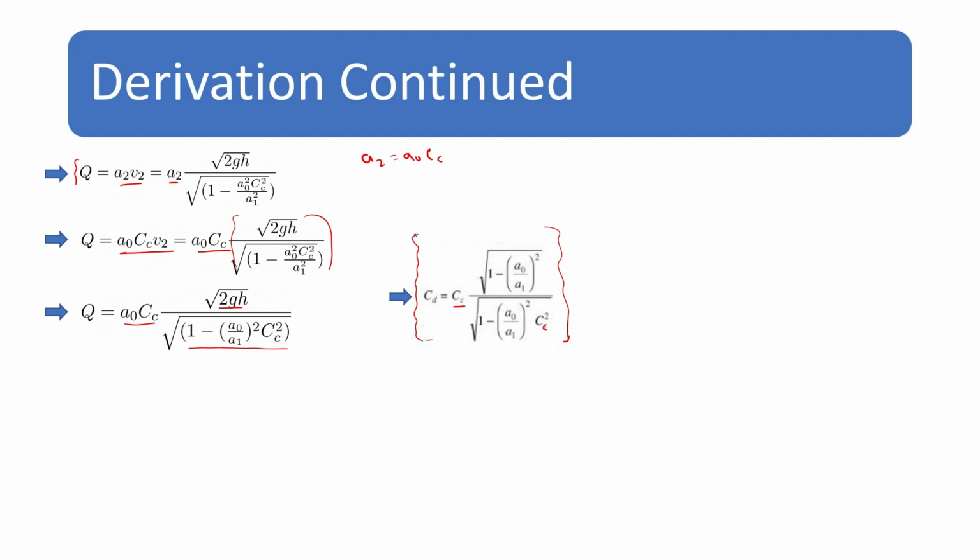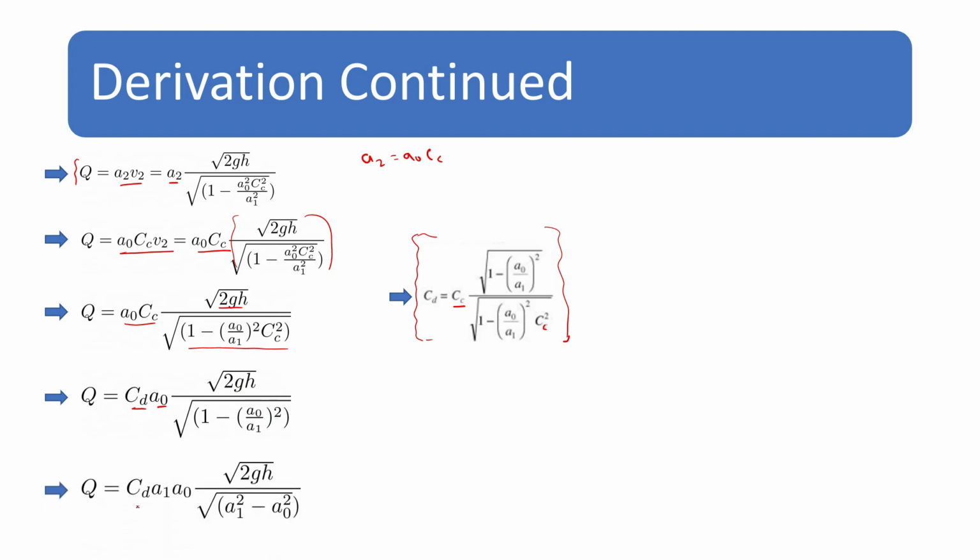This is found out experimentally, and if you substitute that here, you will get Q is equal to Cd into A0 into root of 2gH by root of 1 minus A0 by A1 the whole square, and finally you will get Cd into A1 A0 into root of 2gH by root of A1 square minus A0 square.